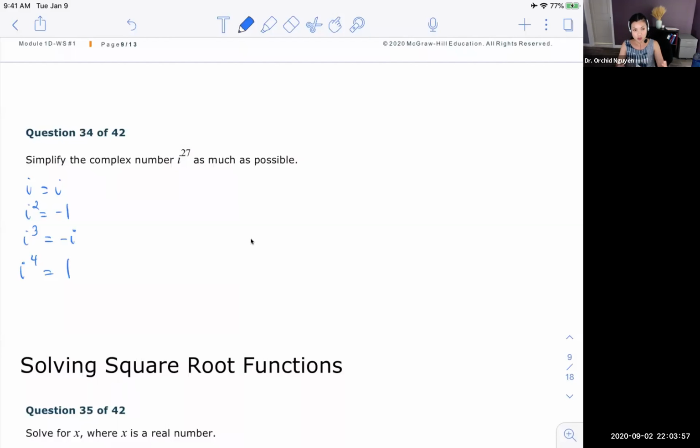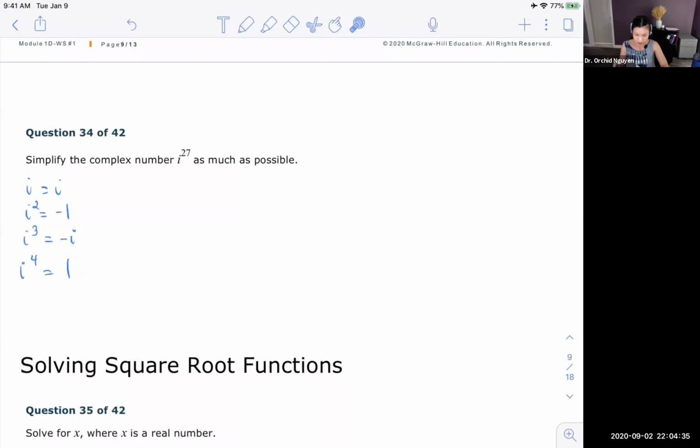Now, if you go to i to the 5th power, you pretty much just go back to i, because what I have is i to the 4th times i, and then i to the 6th, you go back to i squared, and i to the 7th, you go back. So we end up with just these 4 answers: i, negative 1, negative i, and 1. Okay, so if we have i to the 27th, the answer is going to be one of those.